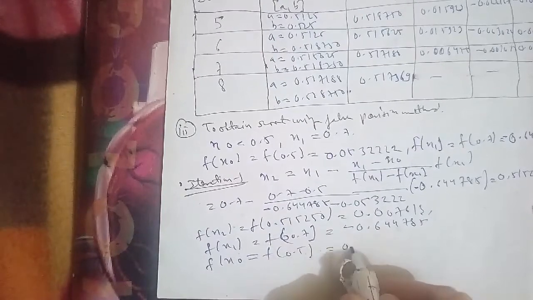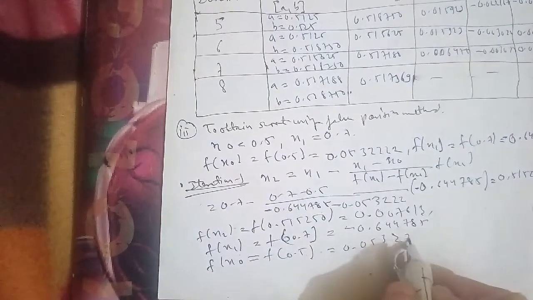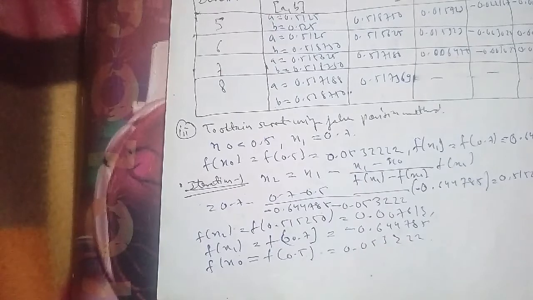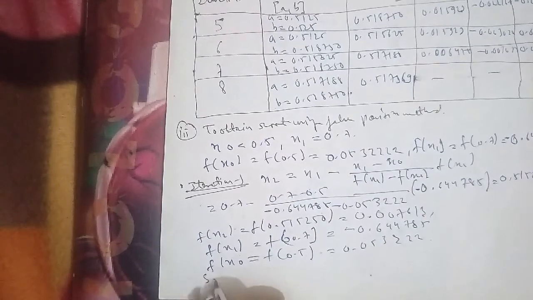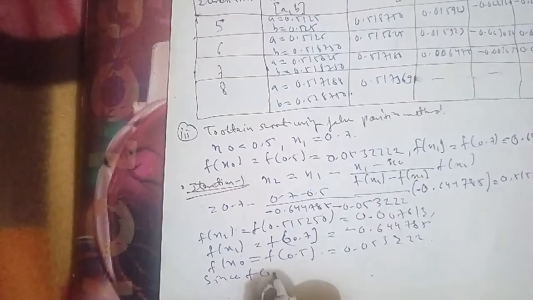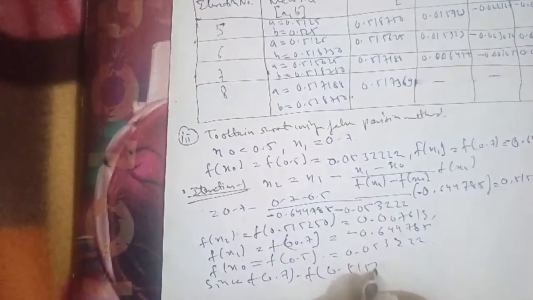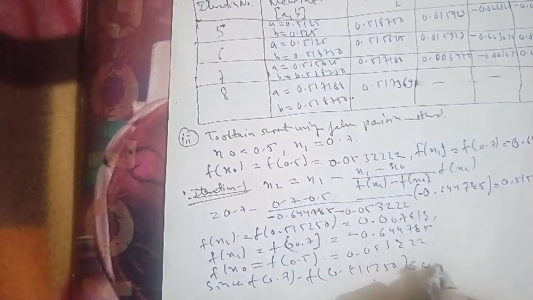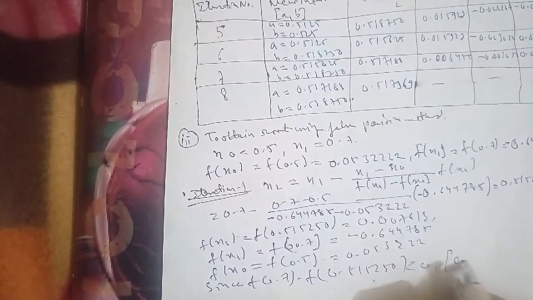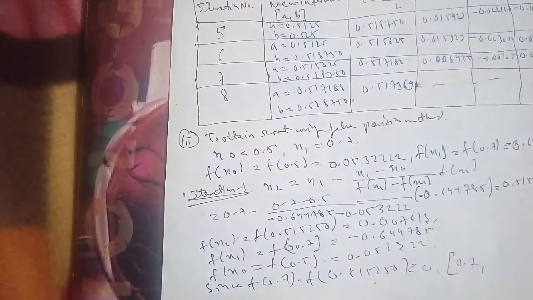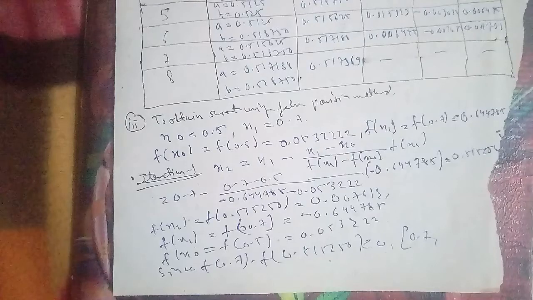Since f(0.7) times f(0.515250) is less than 0, the root lies between 0.7 and 0.515250. Now we talk about iteration 2, which is important of course.